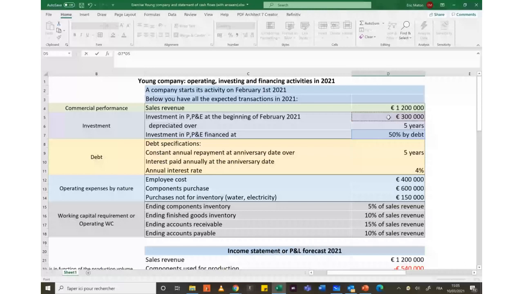The annual interest rate is 4%, but we start the financing, the debt, at the beginning of February, so multiply by 11 divided by 12. Don't forget the interest expense is for the period you use the debt. You use the debt only during 11 months, not the 12 months of the year, because we start the activity at the beginning of February.